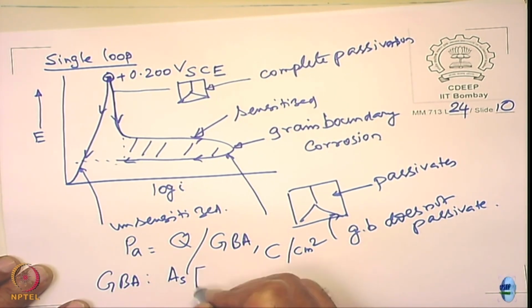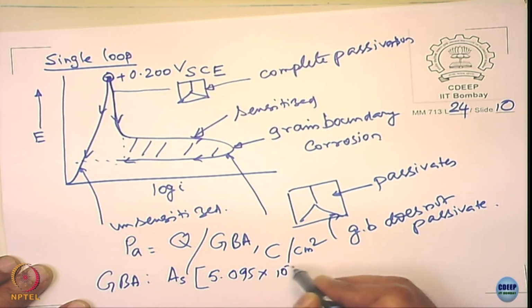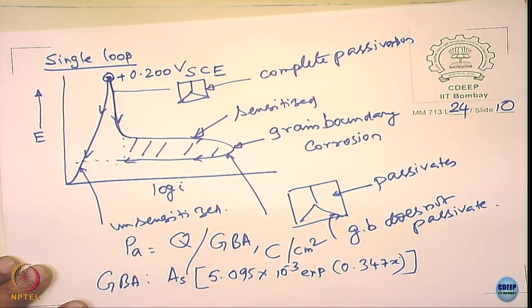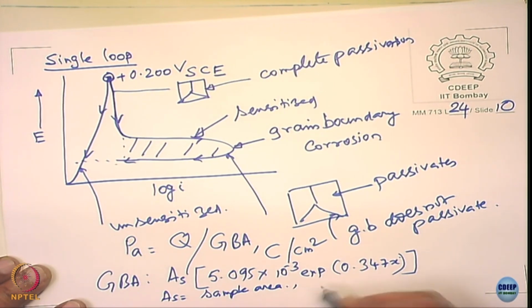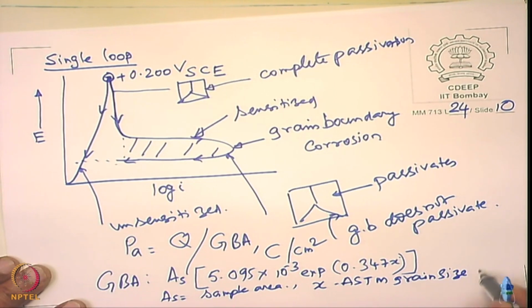So that is equal to As divided by 5.095 times 10 to the power minus 3, exponential 0.347 X, where As is the sample area for which you get the current, and X is the ASTM grain size at 100x.